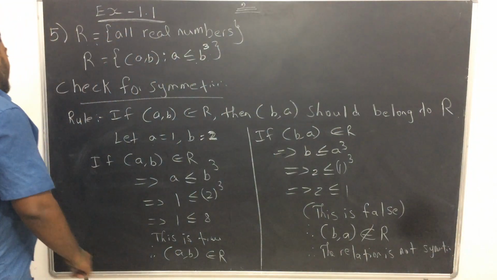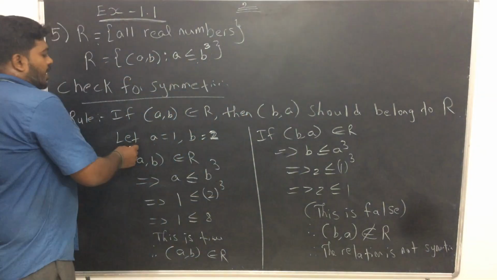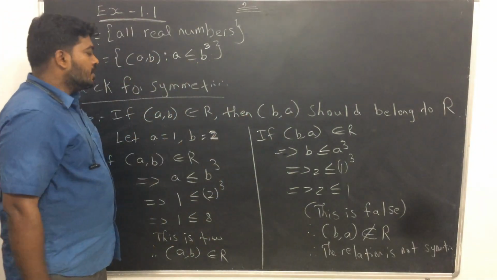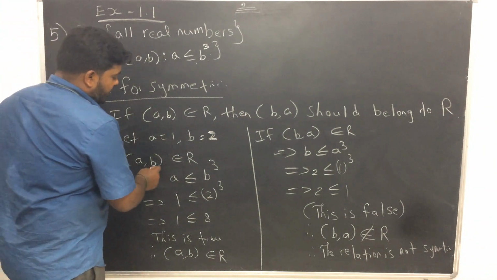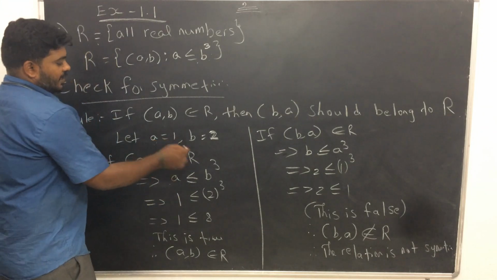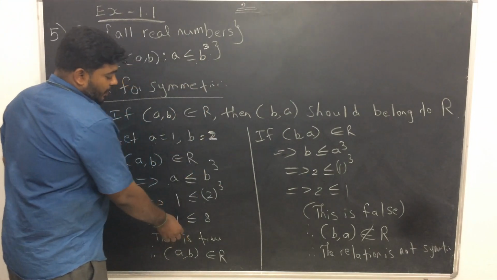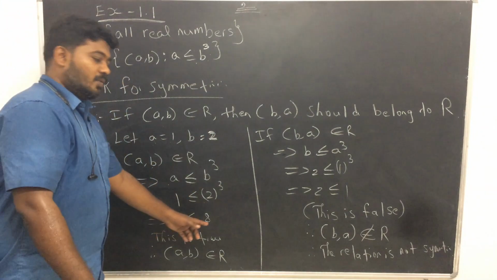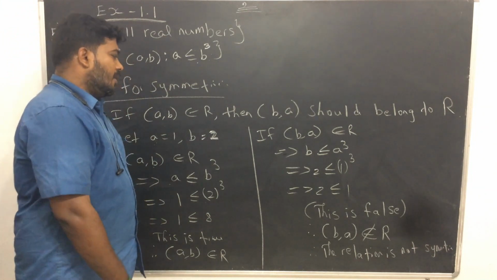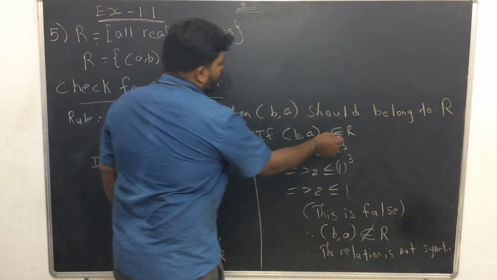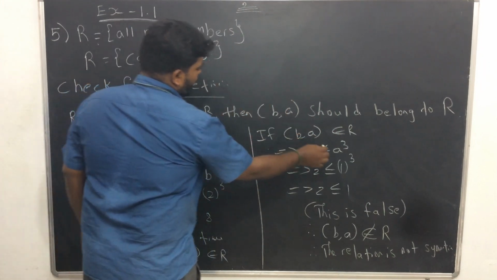Okay, so how did we start? We started by writing the rule, that if (a, b) belongs to R, then (b, a) should belong to R. I took a to be 1 and b to be 2. Checking (a, b): it implies that a is less than or equal to b cube, that is, 1 is less than or equal to 2 cube, that is, 1 is less than or equal to 8. This is true. So (a, b) belongs to R. For (b, a) to belong to R, it would imply that b is less than or equal to a cube.